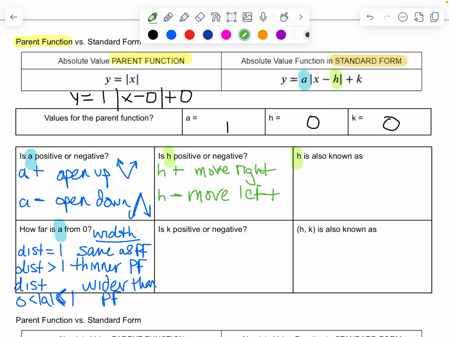And this is definitely something that's going to be tricky. What I need you to make sure you understand is when it comes to H, we're considering what in that grouping mechanism here, the absolute value bar, is going to make the number 0.